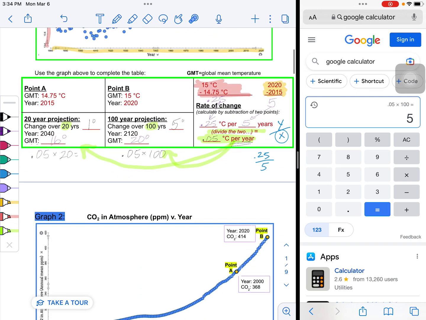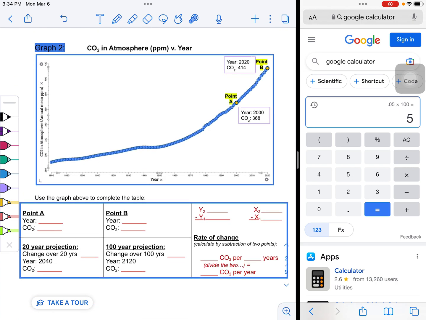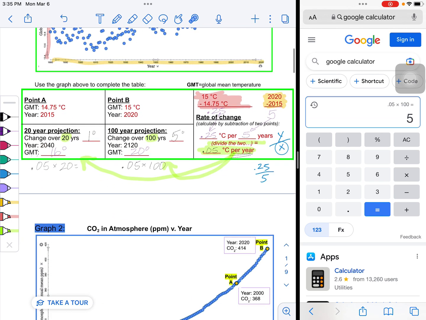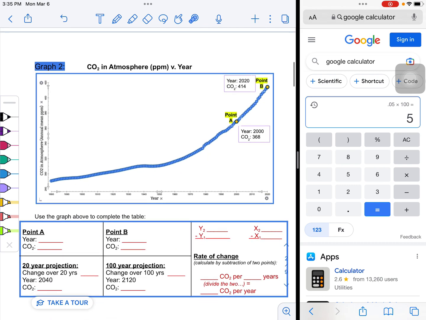So looking at graph number 2, here it's set up the same, but you have a little less down here as I kind of help you figure this out a little bit more on your own. And you can always scroll back up to the directions or the full example. So here we've got point B as 2020 and carbon parts per million at 414.